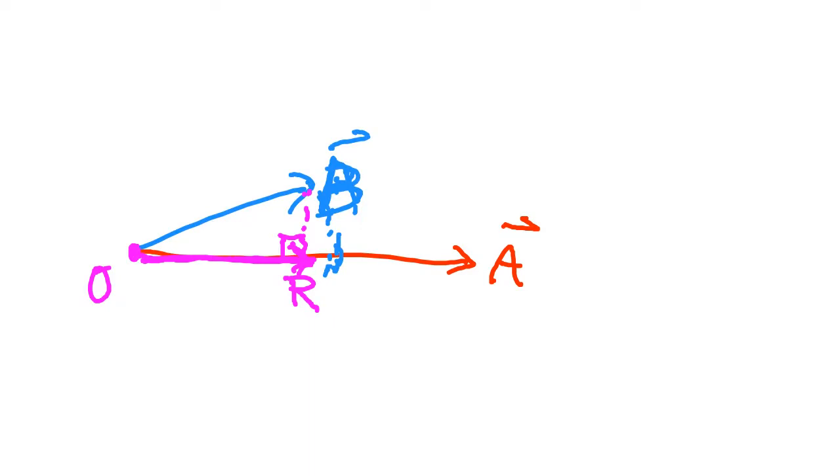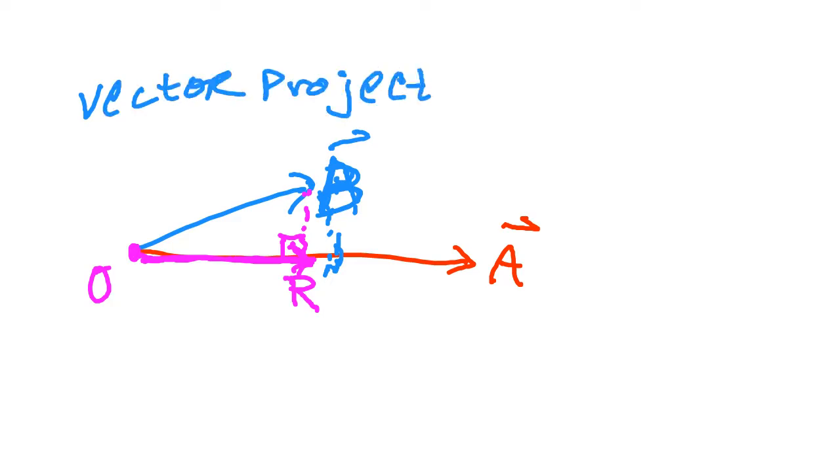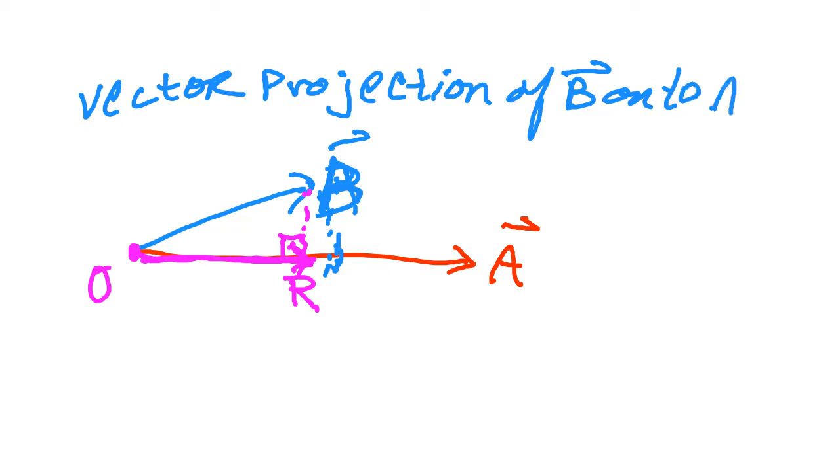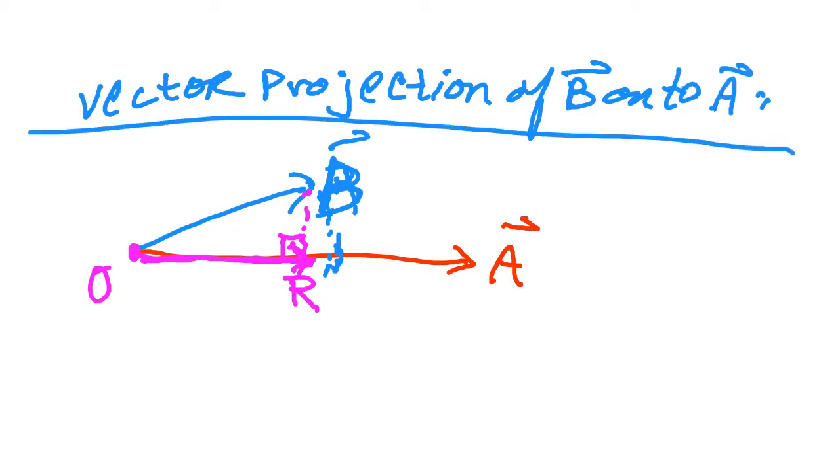So what we're going to want to do is the vector projection, which is actually purple in my picture, the vector projection of B vector onto A vector. The question is, how are we going to do that?